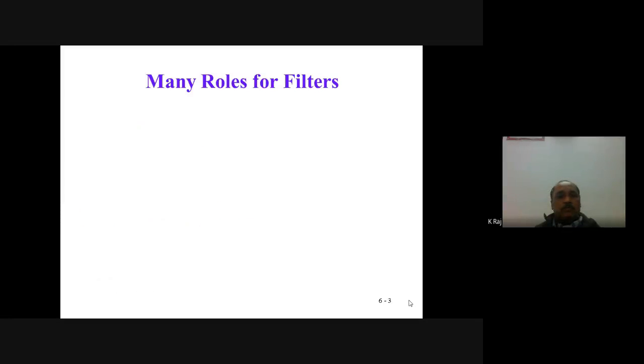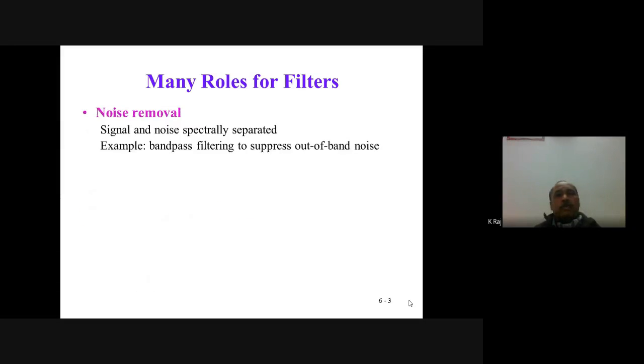So we are just going to describe here the roles of the filters. A filter is nothing but something that selects some ranges of frequency and discards the unwanted ranges of frequency, or we can say it is a system that operates on the signal in order to extract the required information. When we talk about noise removal, it means the signal and noise spectrally have to be separated.